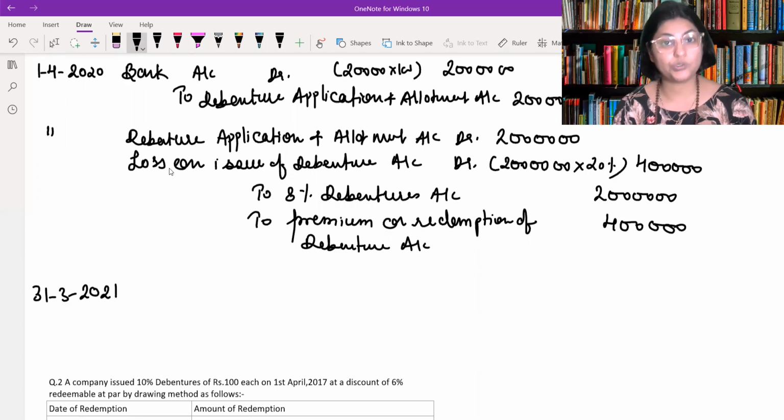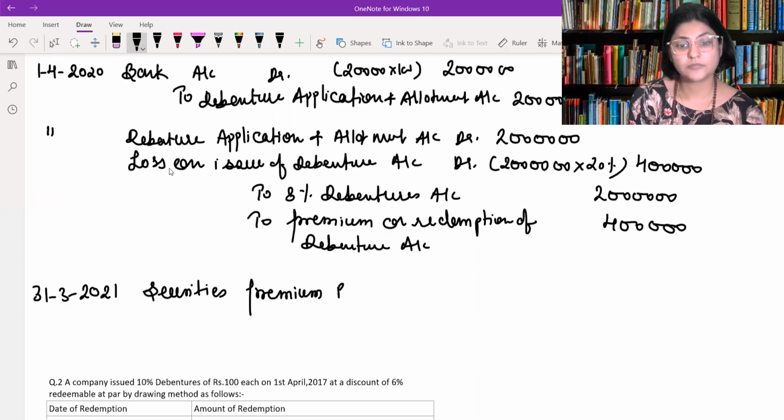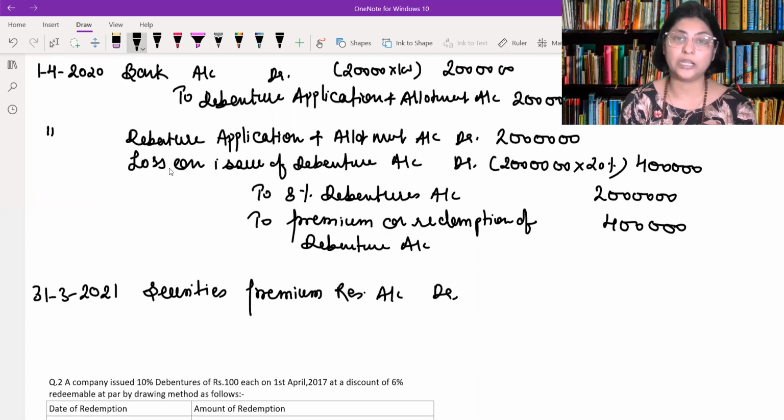This is financial year 2020-21. So here, what will be the entry? The entry will be securities premium reserve. This account will be debited with the entire balance available in it, which is 1,50,000 rupees.